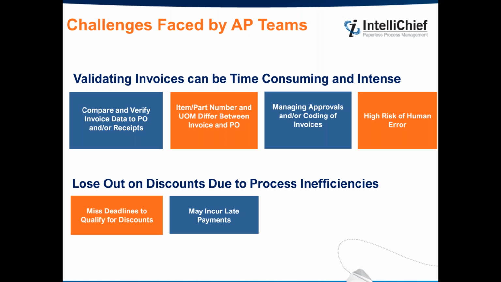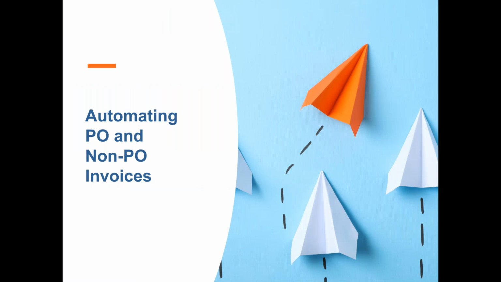So those are some of the big ones we hear about along the way, and we'll talk about a couple more along the way. But also discounts, right? Losing discounts or not measuring them at all to qualify for early pay discounts. That's another one we hear, people want to take advantage of that.